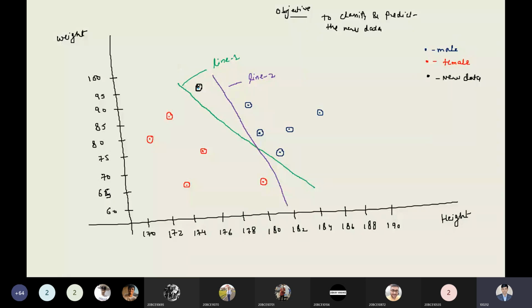Do not think about this point. Parallelly, do not think this data is available. Just think only of this line one. So parallelly, what I will do, I will draw a dotted line, or I can take a line. From this point, do not think about line two.